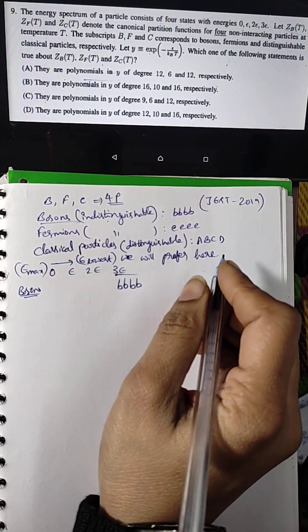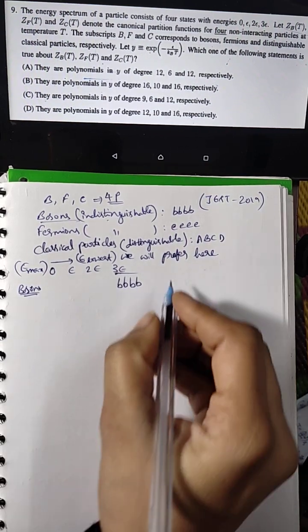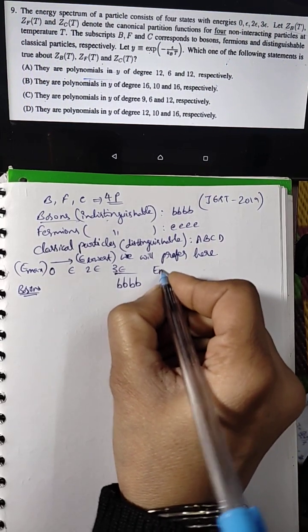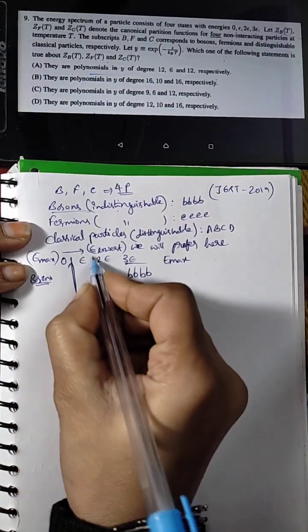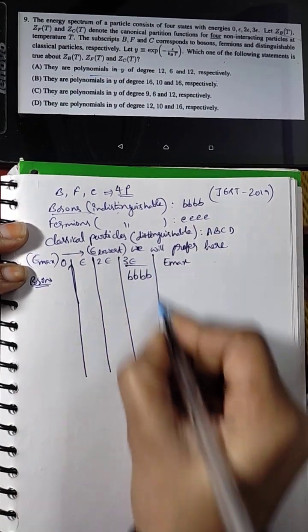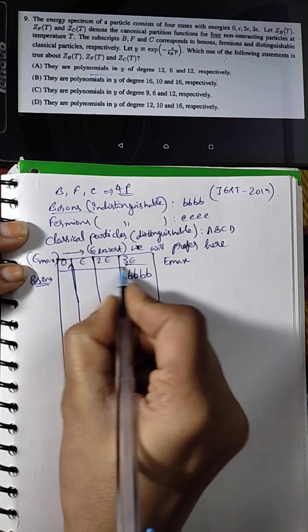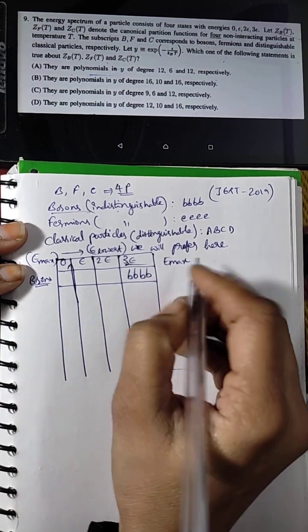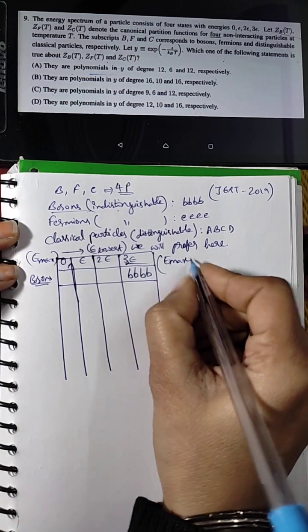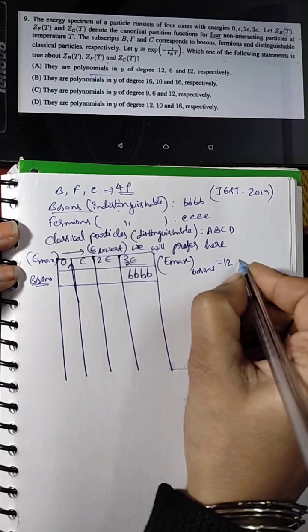So the maximum energy will be what here? 4 particles, 3E each. So for bosons it is 4 times 3 is 12.